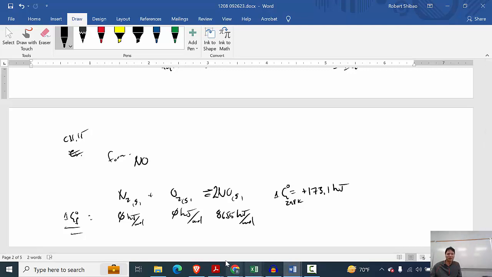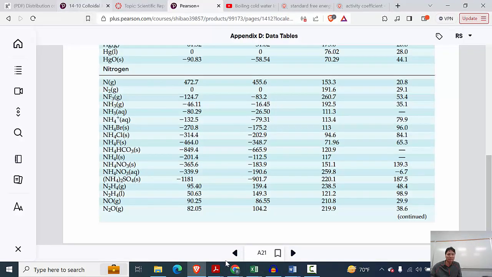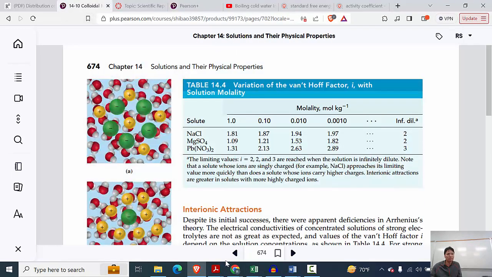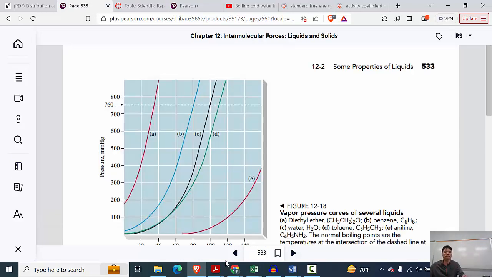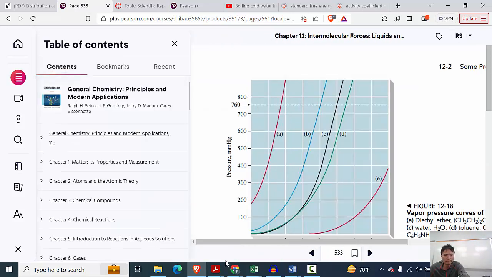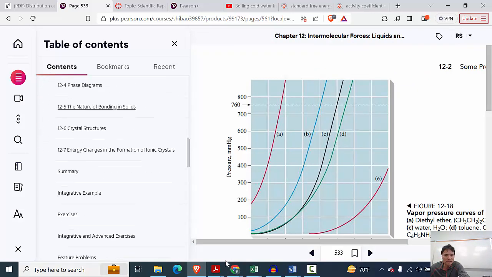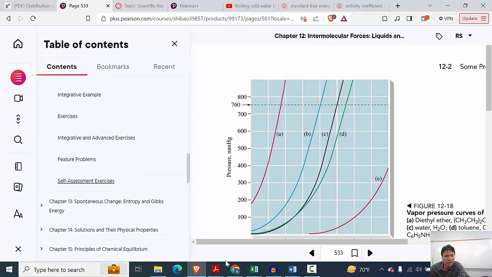In the grand scheme of things, a plus 173 is hugely unfavorable. I lost the page, and I think I'm just about out of time here.